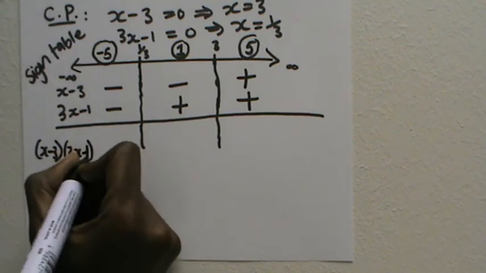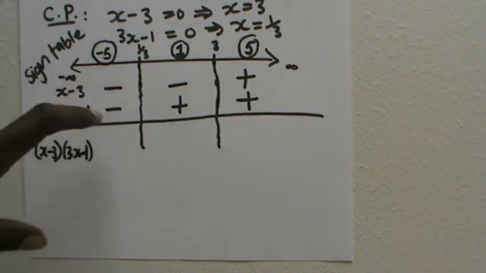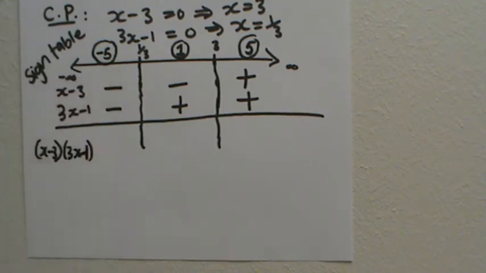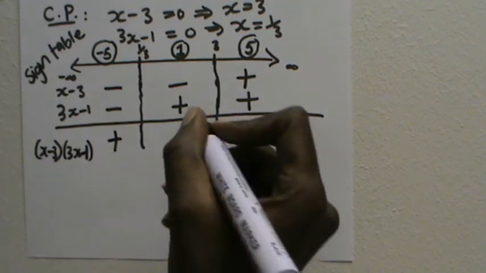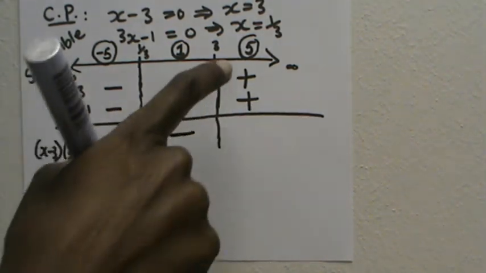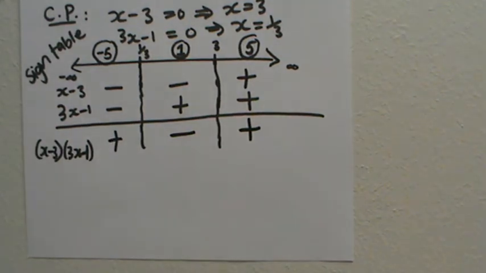So I have to multiply the signs. I take this sign and that one and multiply them together. So you know how to multiply signs. My answer will either be positive or negative. Like here, if I have a negative and a negative, my answer should be positive. If I have a negative and a positive, my answer should be negative. If I have a positive and a positive, my answer should be positive.